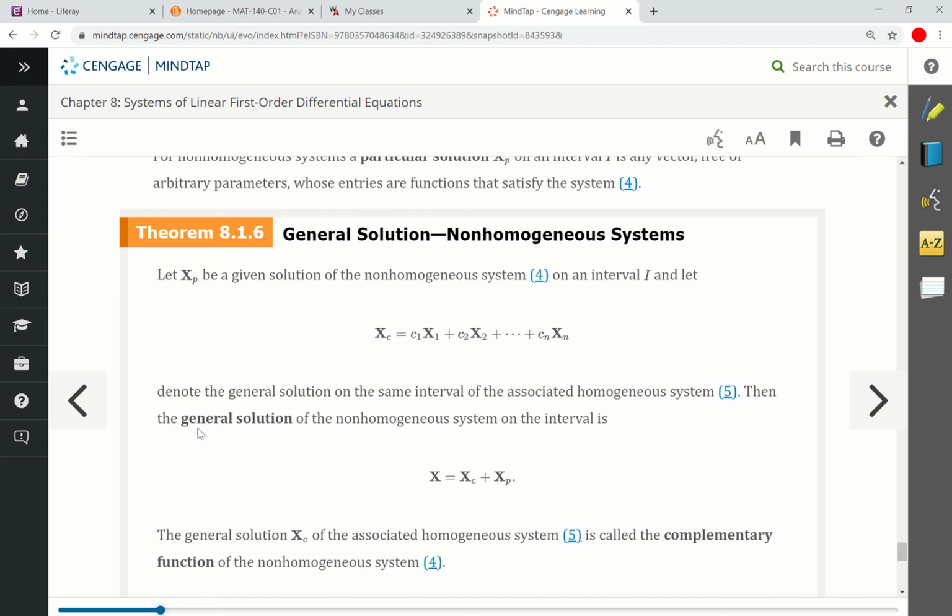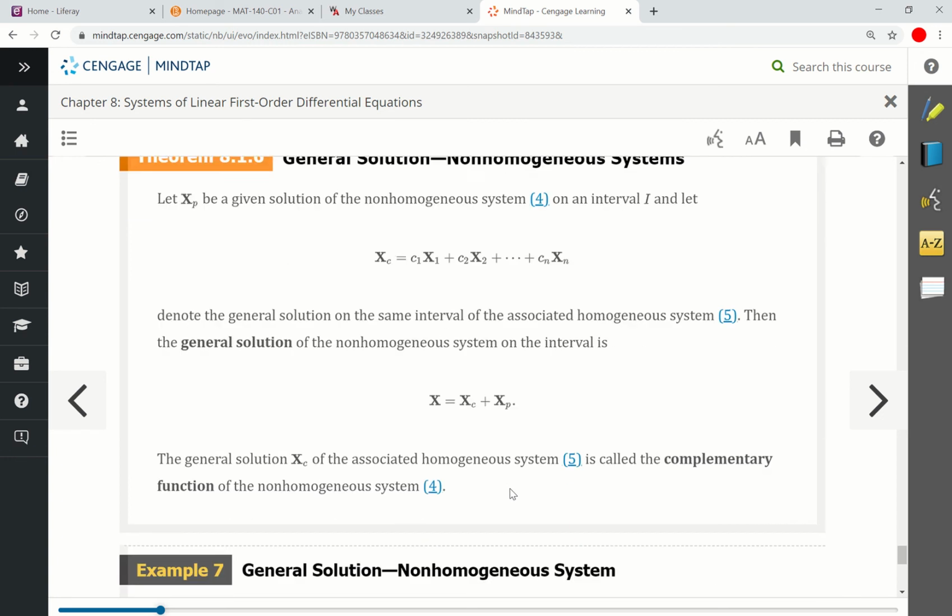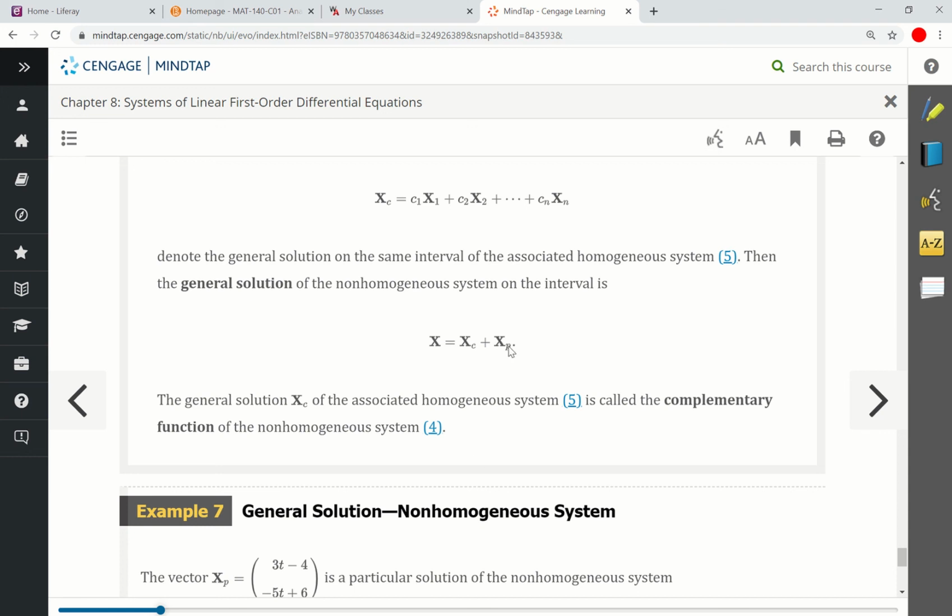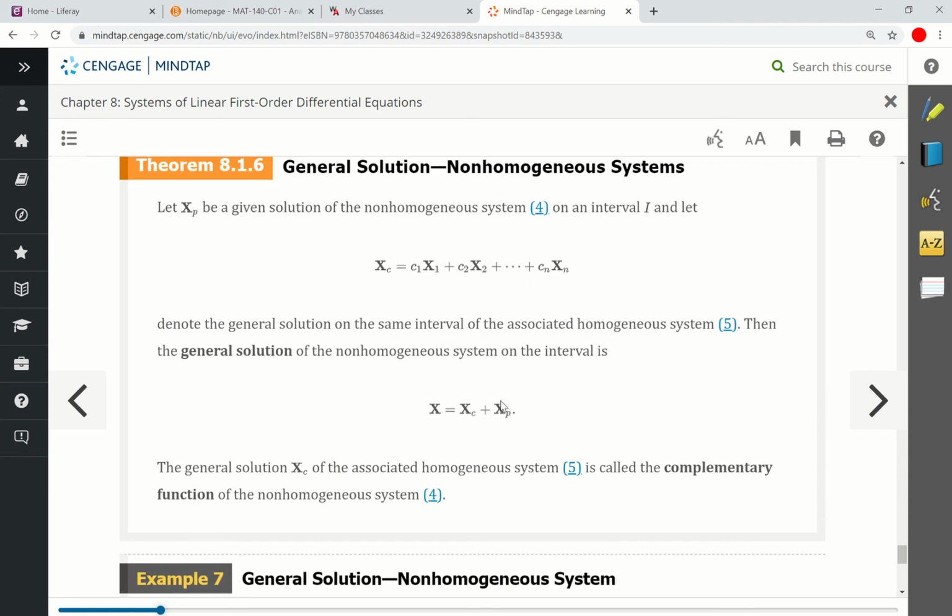In general, the general solution to a non-homogeneous system is simply going to be x sub c, which is the complementary solution, which is the solution to the homogeneous system, plus this x sub p, which is going to be the particular solution, which is the part which is associated to the non-homogeneous differential equation.